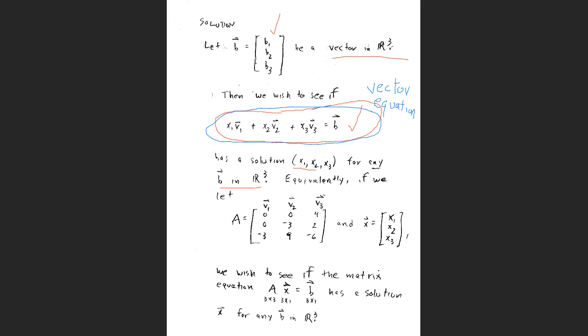But the vector equation is equivalent to a matrix equation, AX equals B, if we define the column vectors of this matrix A as our vectors V1, V2, and V3, and if we define our vector X as having components X1, X2, and X3. So asking if the vector equation has a solution is equivalent to asking, does the matrix equation have a solution X for any B in R cubed? Please let me know if you have any questions.